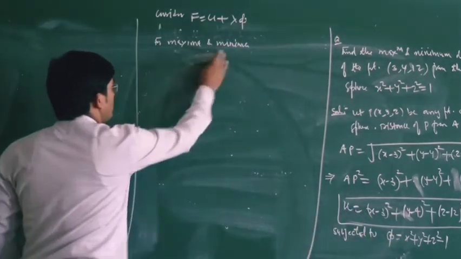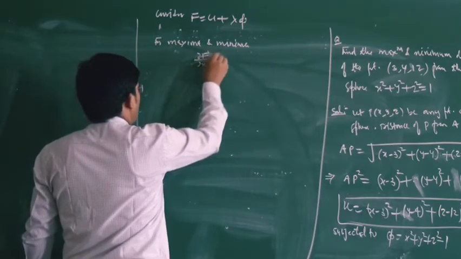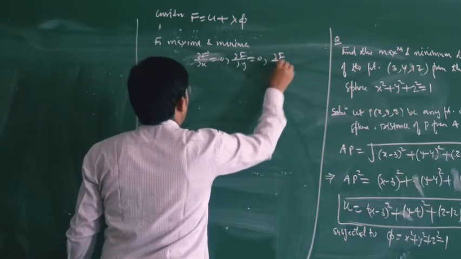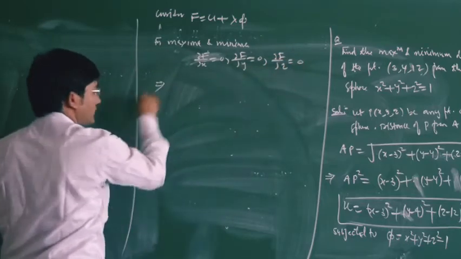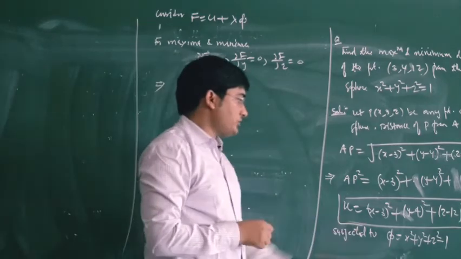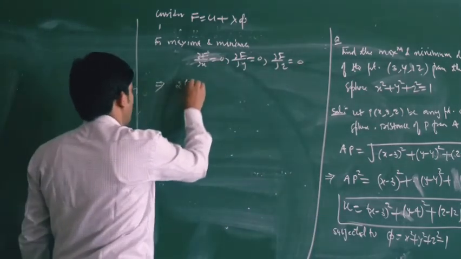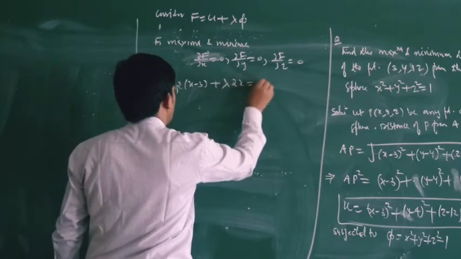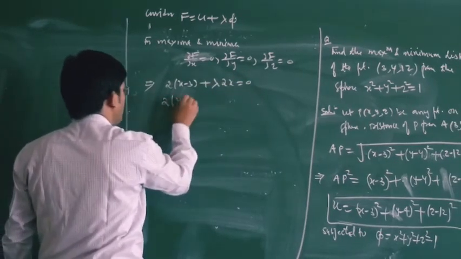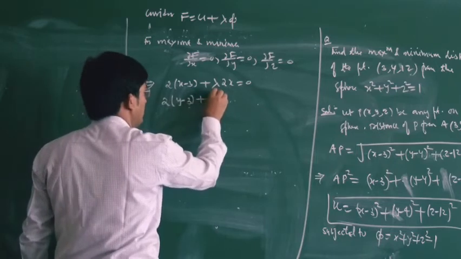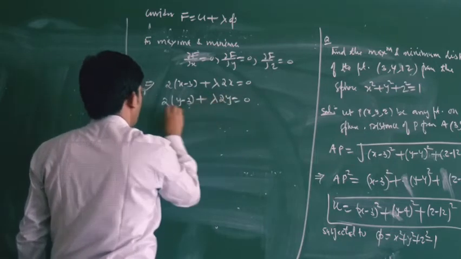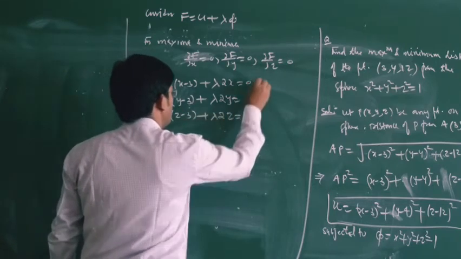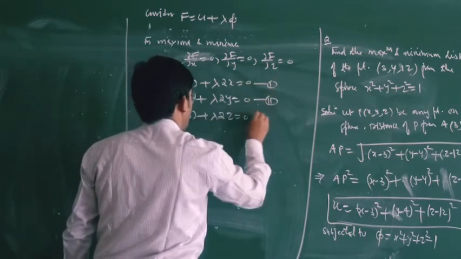If we differentiate with respect to x, y, and then z, we get 2 times x minus 3 plus lambda times 2x equal to 0, and then 2 times y minus 4 plus lambda times 2y equal to 0, 2 times z minus 12 plus lambda times 2z equal to 0. So this is equation number 1, 2 and 3.